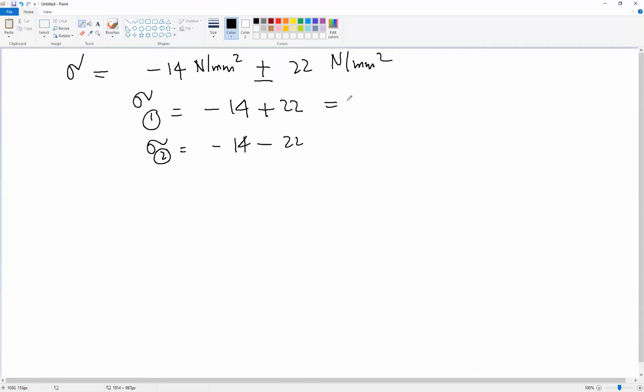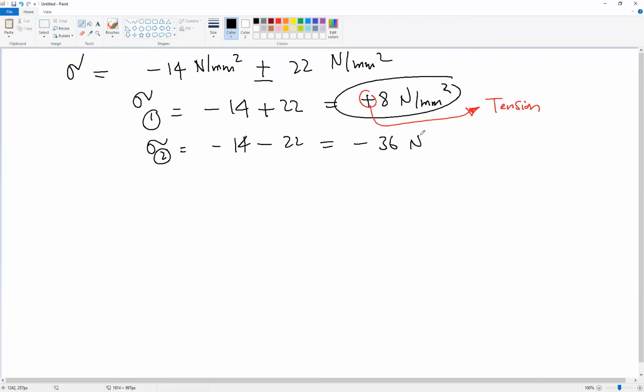This gives us positive 8 Newton per millimeter square, and the positive sign means this point will be under tension, and the other side will be negative 36 Newton per millimeter square, and the negative sign means that this is under compression.